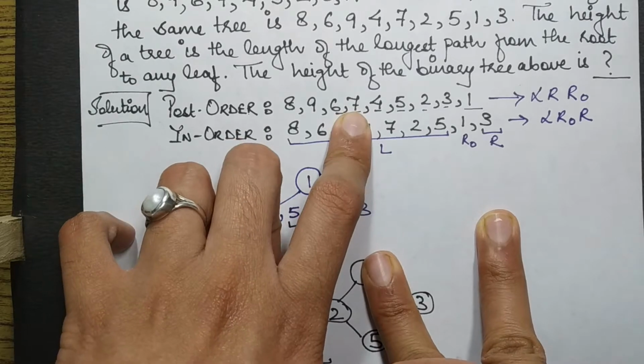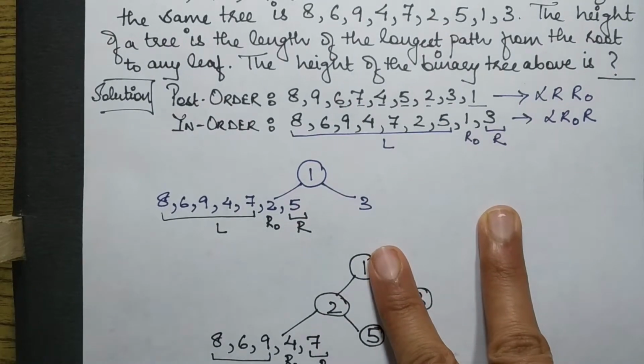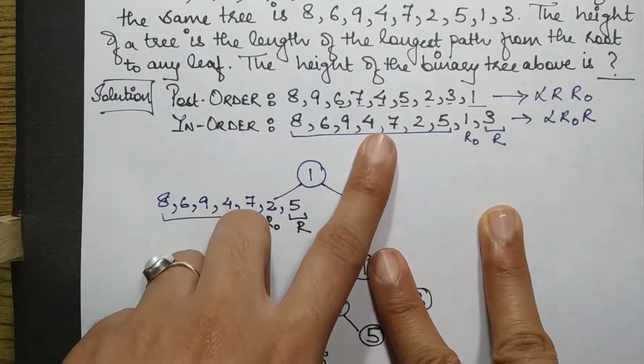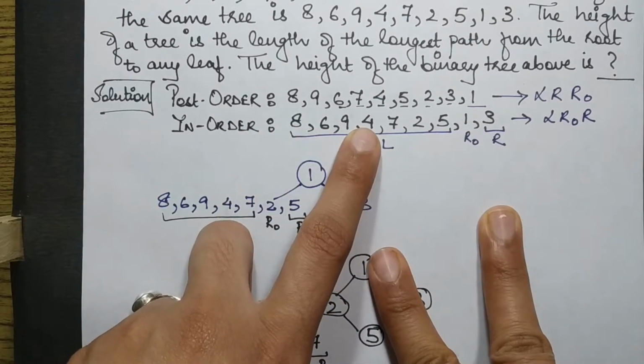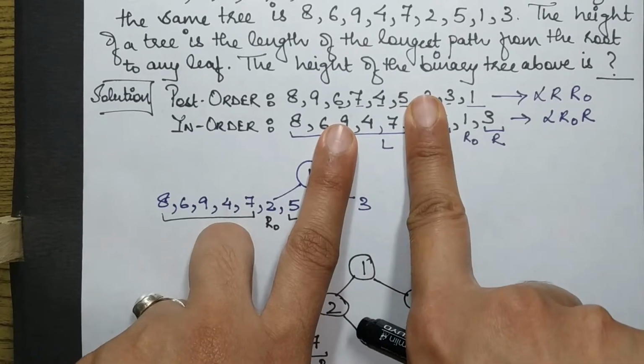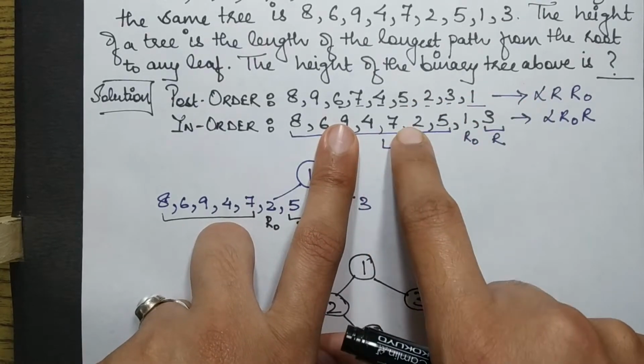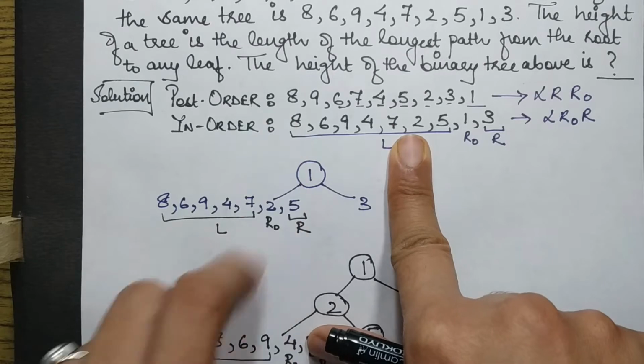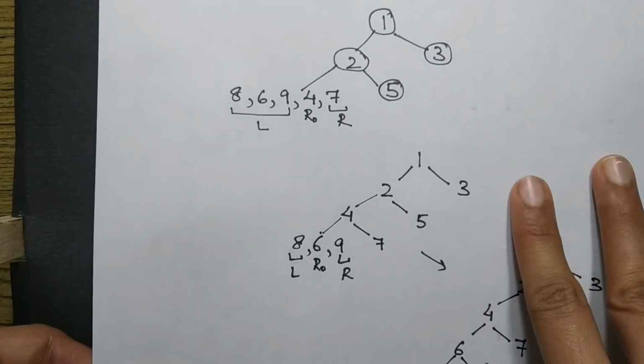Then the next root is 4, right? With 4 as the root, we check the in order traversal. We get to know that this is the right child because we are done with all the elements till here. So this becomes the right child and these become the left hand children.